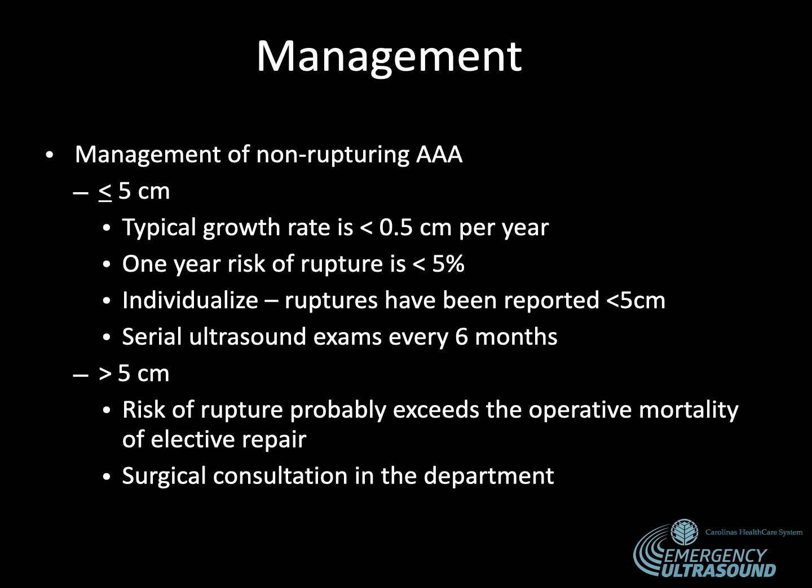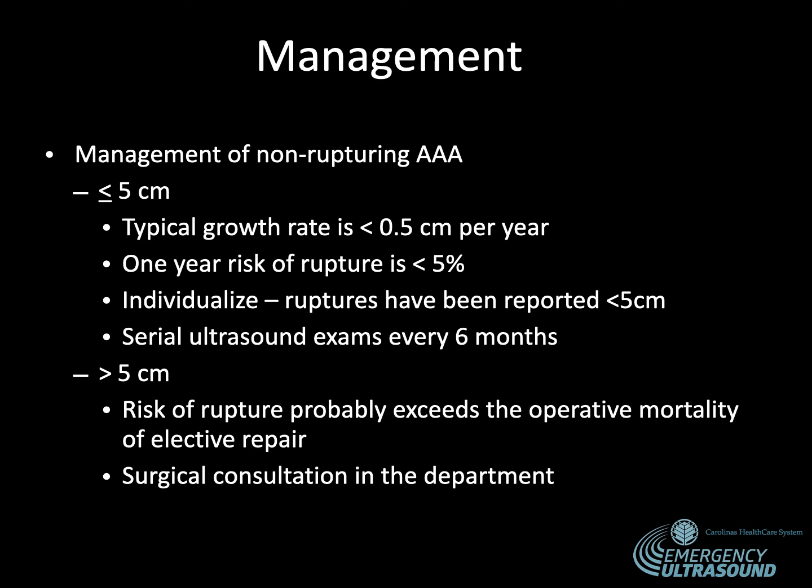So what's the management of a non-rupturing AAA? If it's less than or equal to 5 centimeters, we expect a typical growth rate of 0.5 centimeters per year. The 1 year risk of rupture at 5 centimeters or less is less than 5%. However, people can rupture their AAA at any size.